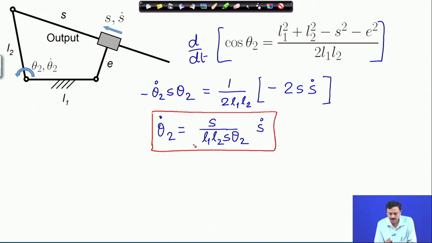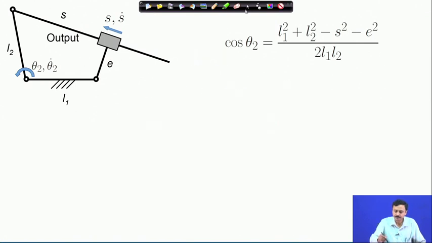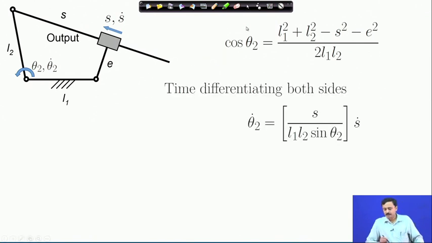So, theta 2 dot is S divided by L 1 L 2 sin theta 2 into S dot, and I can invert also, I can express S dot in terms of theta 2 dot. So, let me formalize this. So, we have this expression which we just now derived relating S dot and theta 2 dot.